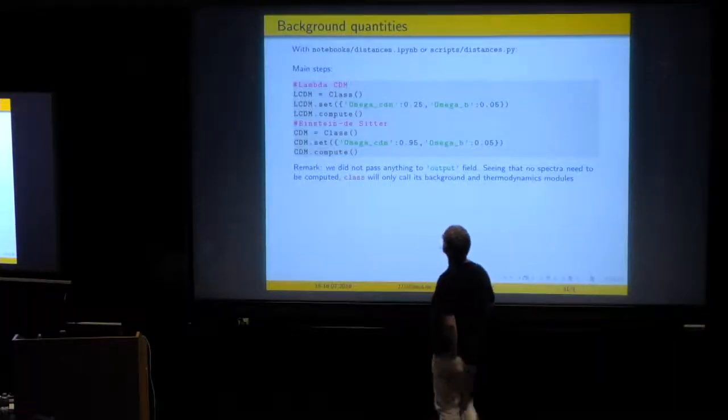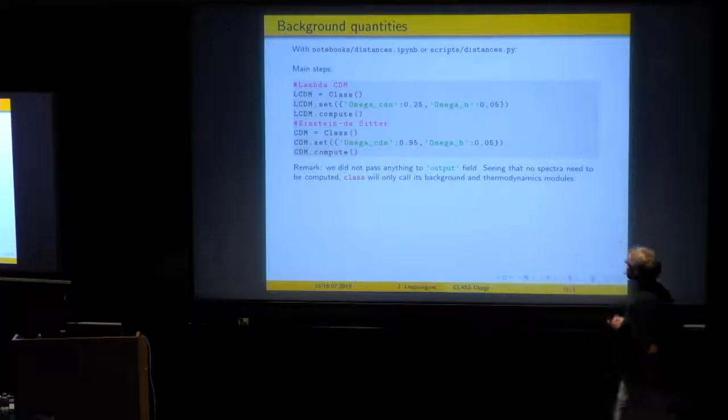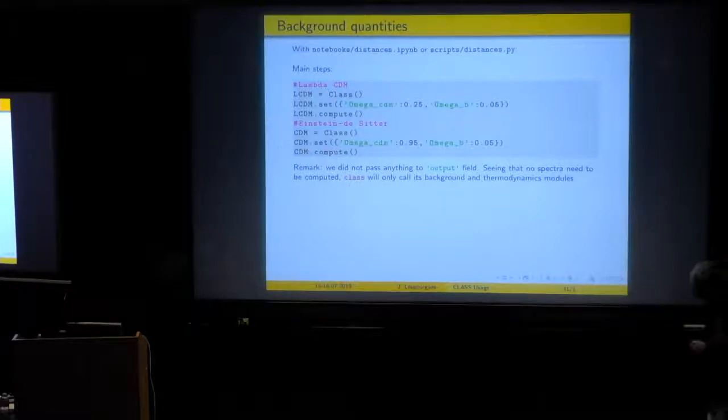The trick is that, by the way, it's in distances.py. The trick is that class also stores the background and the thermodynamics variables. You can extract them after running class computes. So here we create an instance of class called LCDM for lambda CDM.